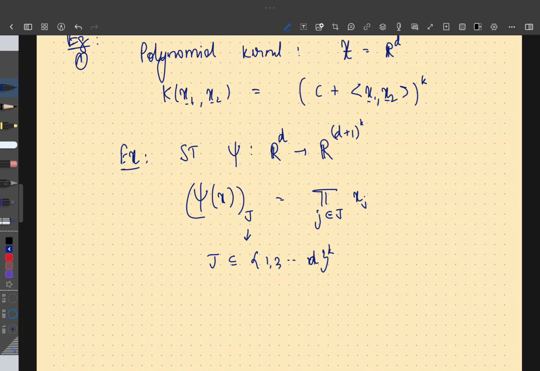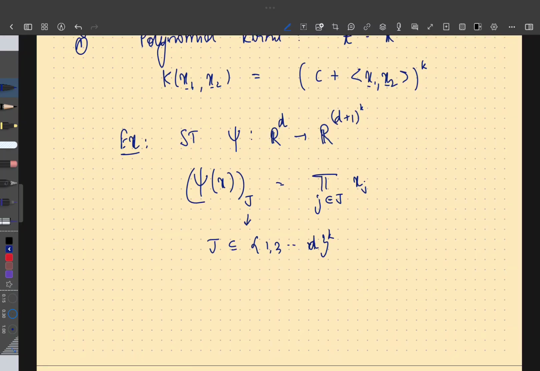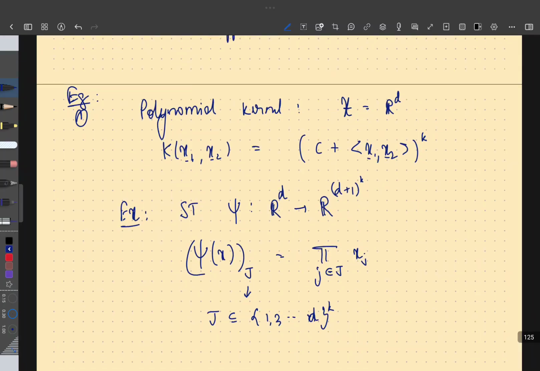The index can be 1 to 3 up to d, but also it can be, let's say, 0, where 0 means I'm not picking any element. Okay, so this is particularly for c equal to 1. The constant over here is 1. If it's not equal to 1, then it just amounts to a rescaling.